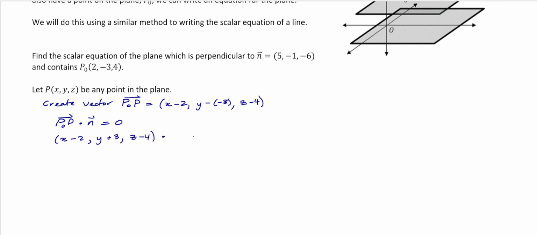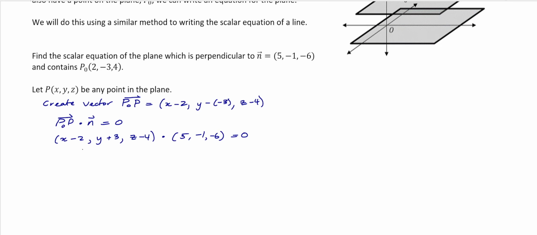And I'm going to dot product that with the normal vector, which is given to me as 5, -1, and 6, or rather -6. And I know that that dot product must equal 0 because they're perpendicular.